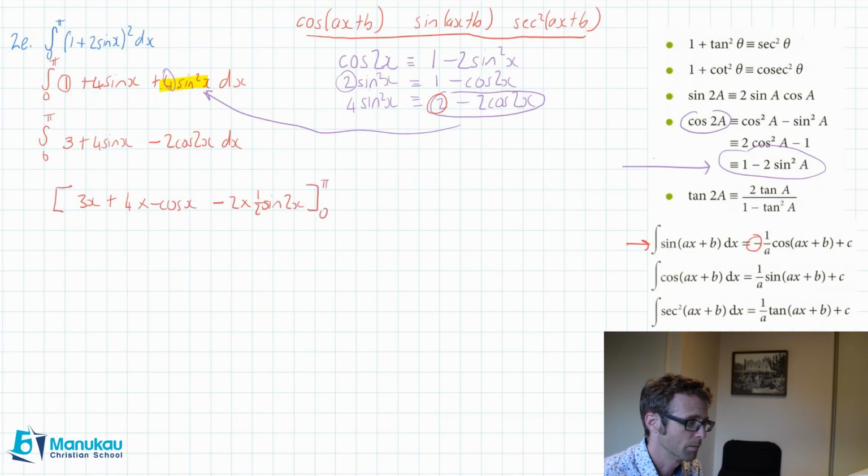Okay, so I can simplify this to 3x minus 4 cosine x minus sine 2x between 0 and pi.